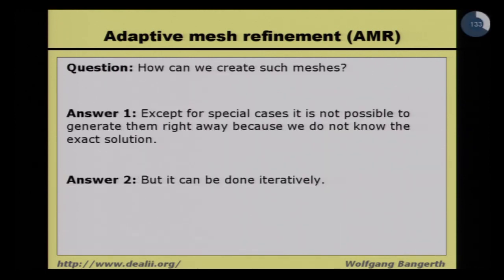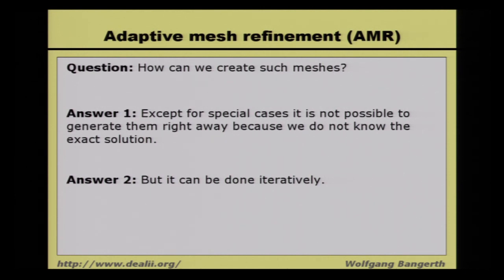And so let me talk a little bit about how you create these sort of meshes. There are two fundamental observations. The first one is, except for very special cases, I cannot come up with these sort of meshes right away.